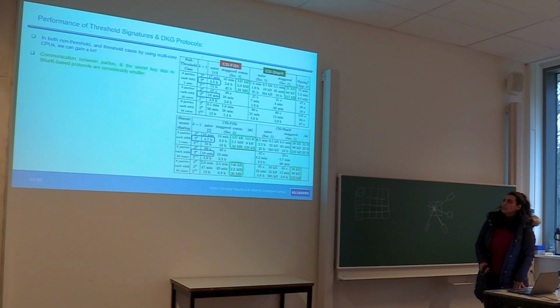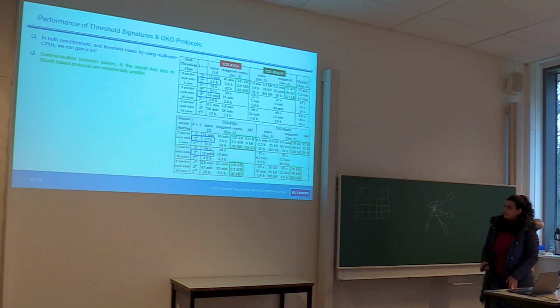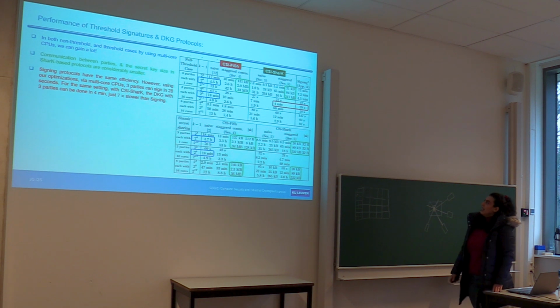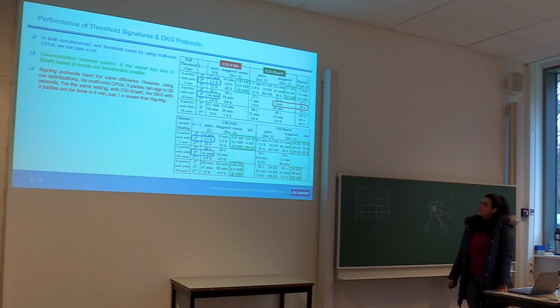The second one is communication between parties. Here you can see that, for example, for this one we need 34 megabytes, but here with CSI-SharK and this optimization, we can achieve just half a megabyte of communication for the secret key. Then for the signing protocol, we have the same efficiency.